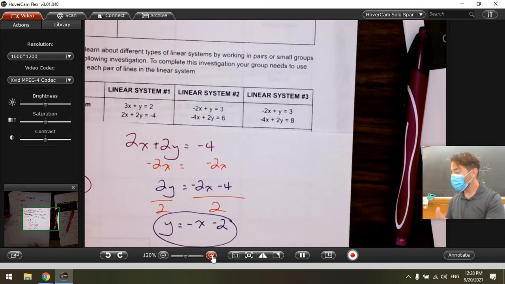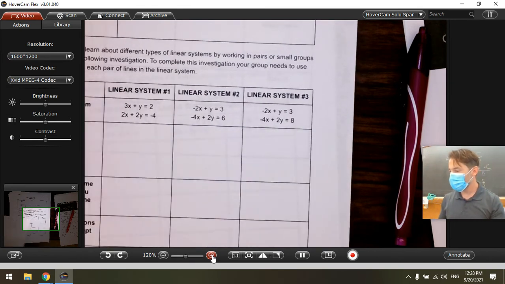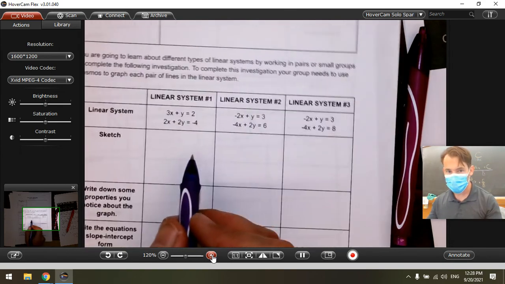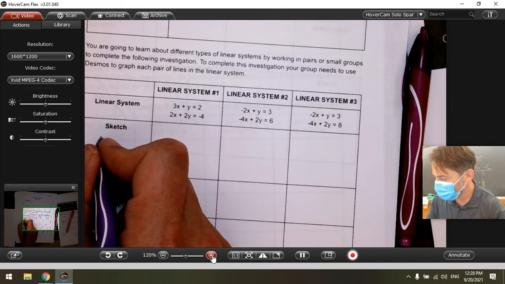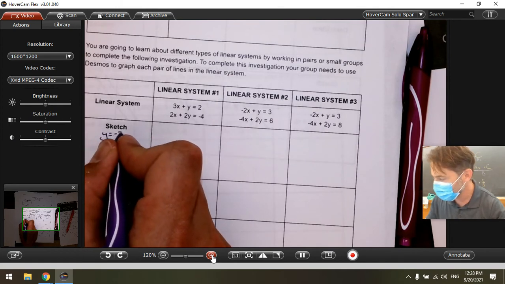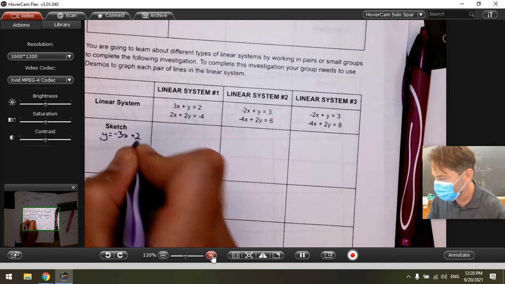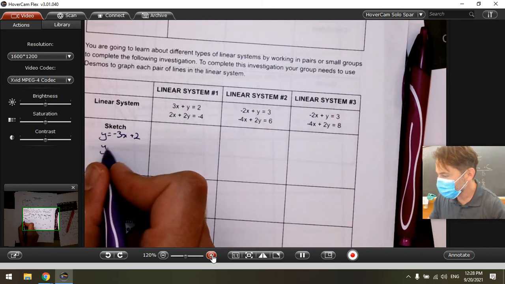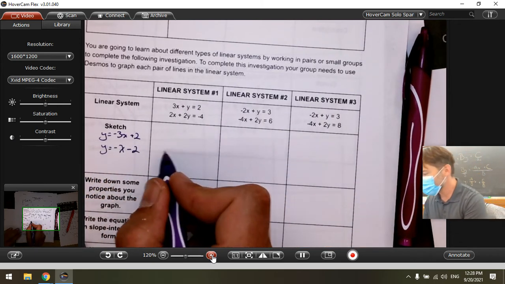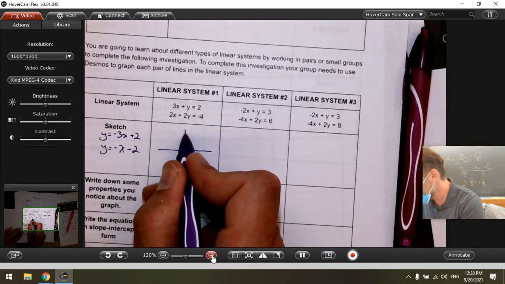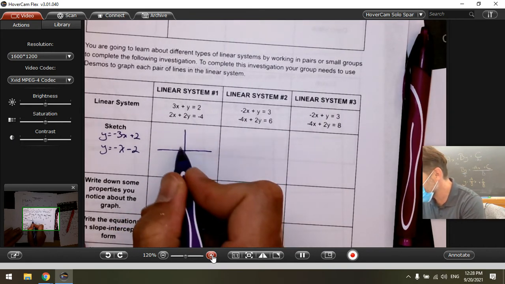And I can graph both of those lines with a quick sketch. So let's take a look at what my quick sketch can look like over here. All right. So I have my two lines, just going to copy them here. I'm going to put y is equal to negative 3x plus 2. And y is equal to negative x minus 2. And let's quickly do a quick sketch here. There's my xy axis.